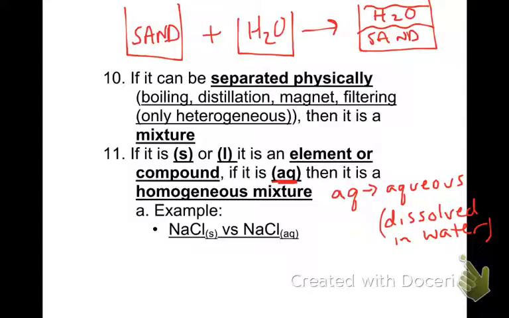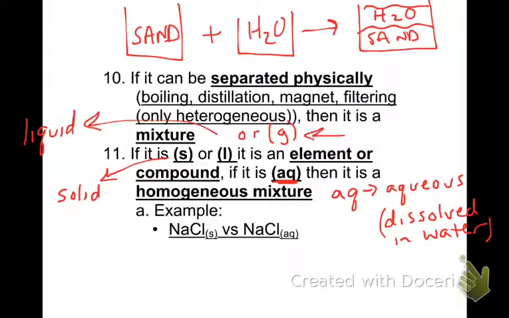So let me really discuss what number 11 is actually saying. So if it's got an S or an L or even a G after it, you're looking at an element or a compound. Now, what do these actually mean? So S is talking about something in the solid phase. L is talking about something in the liquid phase.